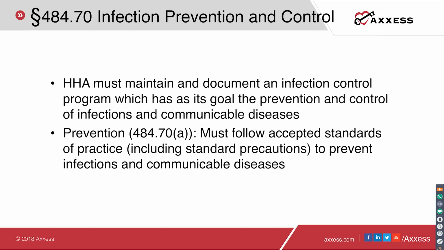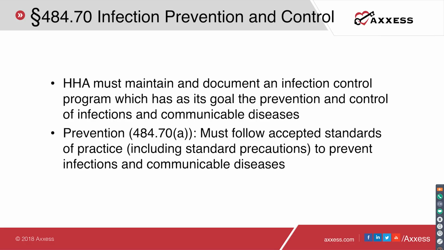So infection prevention and control is one of those areas where CMS has told us we have to maintain and document an infection control program which has as its goal the prevention and control of infections and communicable diseases. There are 3 different standards here. You've got prevention, and of course we have to follow accepted standards of practice, including standard precautions to prevent infections and communicable diseases.